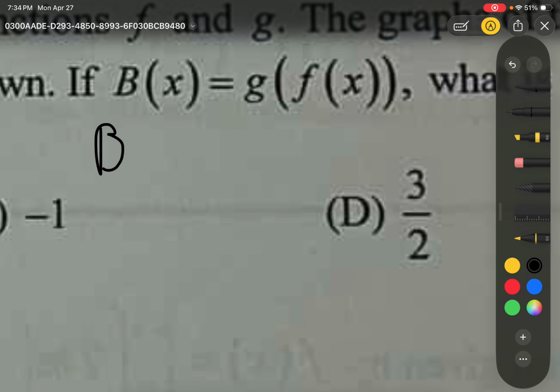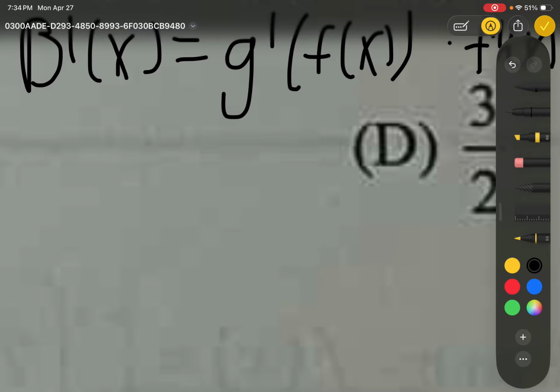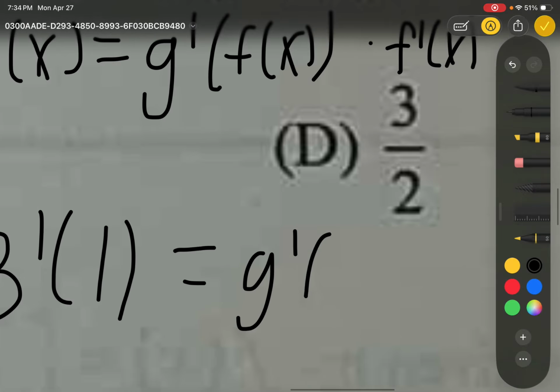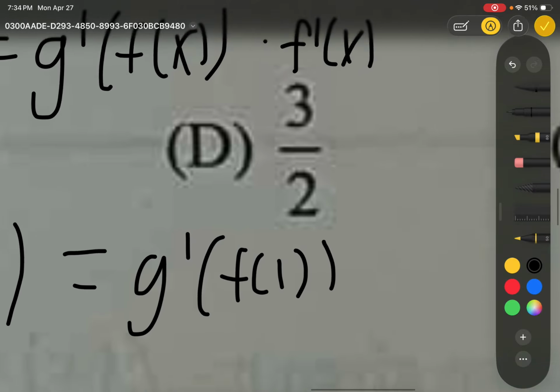b prime of x is equal to g prime of f of x times f prime of x, based on chain rule. Now let's find b prime of 1, which is equal to g prime of f of 1 times f prime of 1. Let's find f of 1 first.